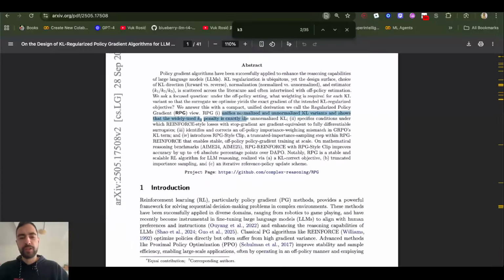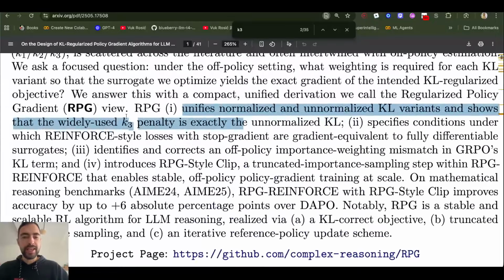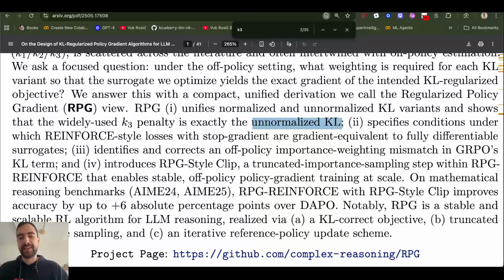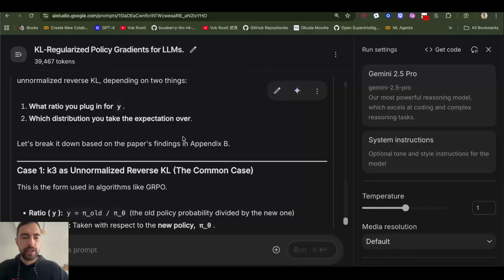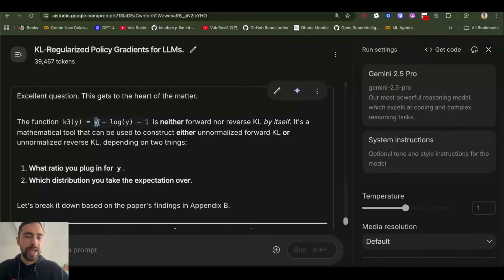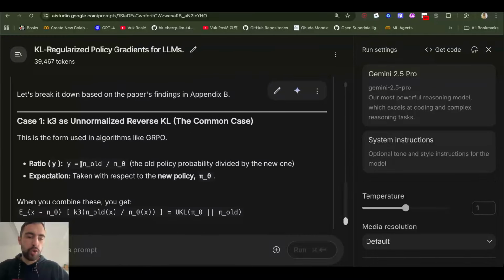The paper shows that K3 is not just an estimator, but it shows the exact value. It's a direct value of unnormalized KL divergence, not just an estimator. And there is a mathematical proof down below. So this is the formula: y minus log of y minus 1. And y, depending on whether you want to use this as forward or reverse, can be old over new policy or new over old policy.